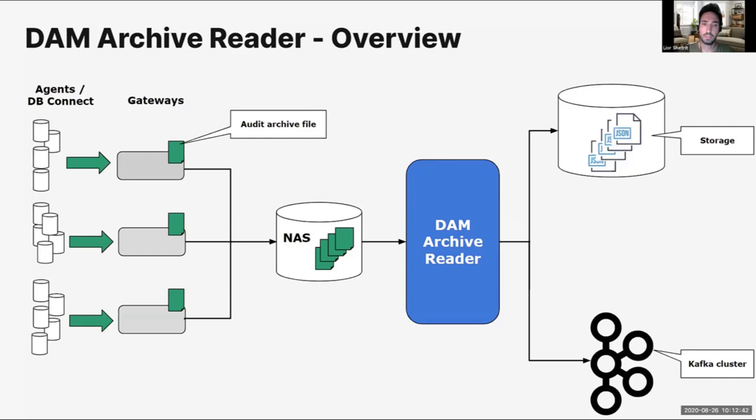One approach is that the SecureSphere policy is configured to send the MPRVs to a NAS location. And from that folder, the archive reader is basically monitoring all the new MPRVs that are being sent there. And whenever a new one is put there by the SecureSphere, the DAM archive reader will immediately parse, extract, and load it to the desired location.